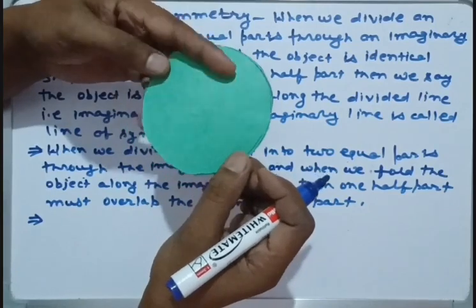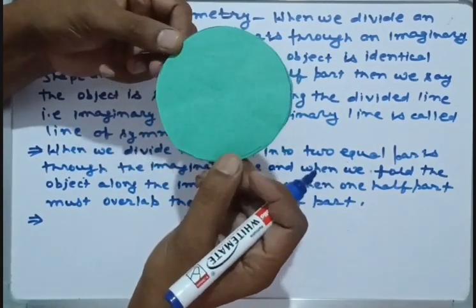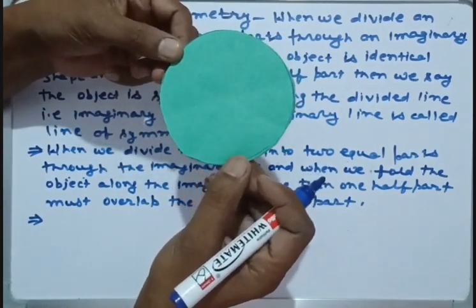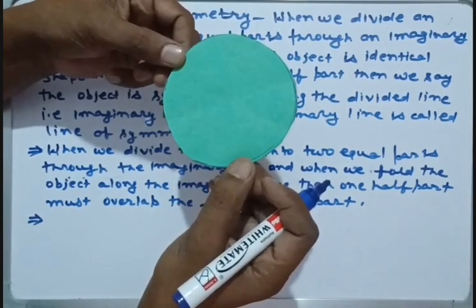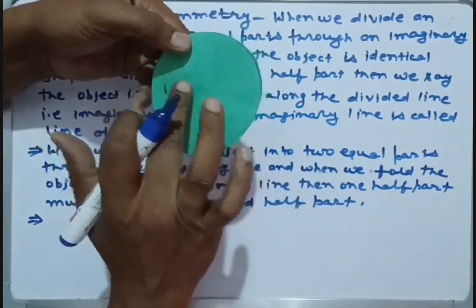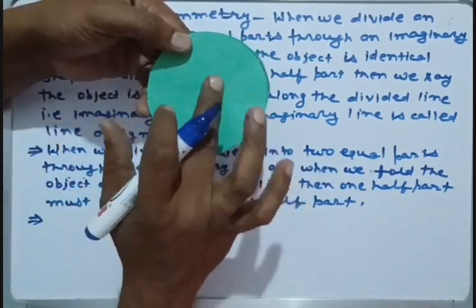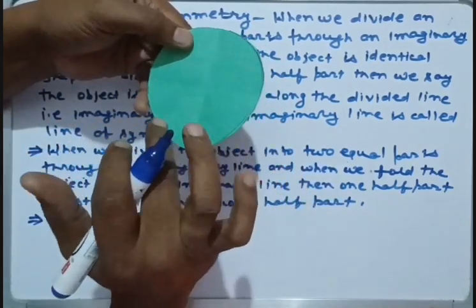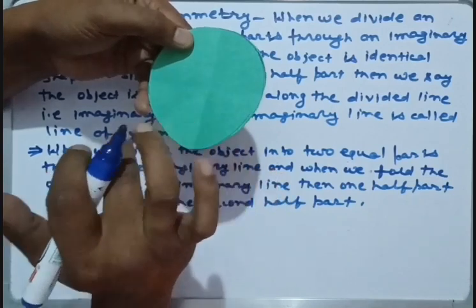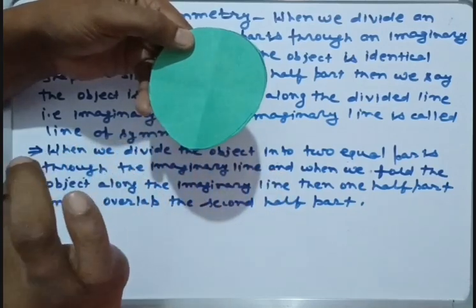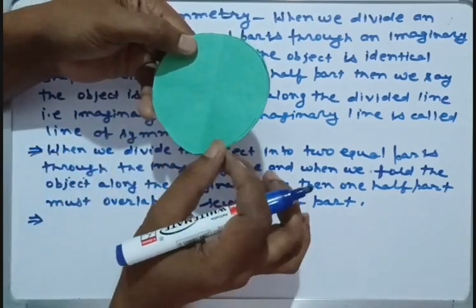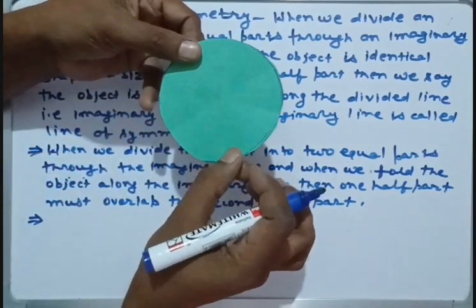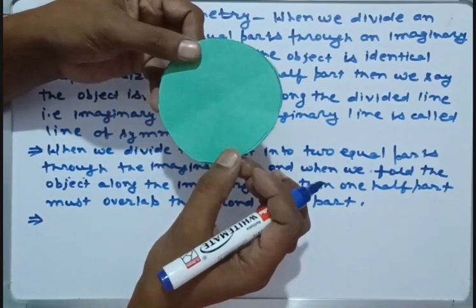See, there is no line that actually exists, means no line is drawn in this real object, but we assume that one line exists in this object which divides this circle into two equal parts.